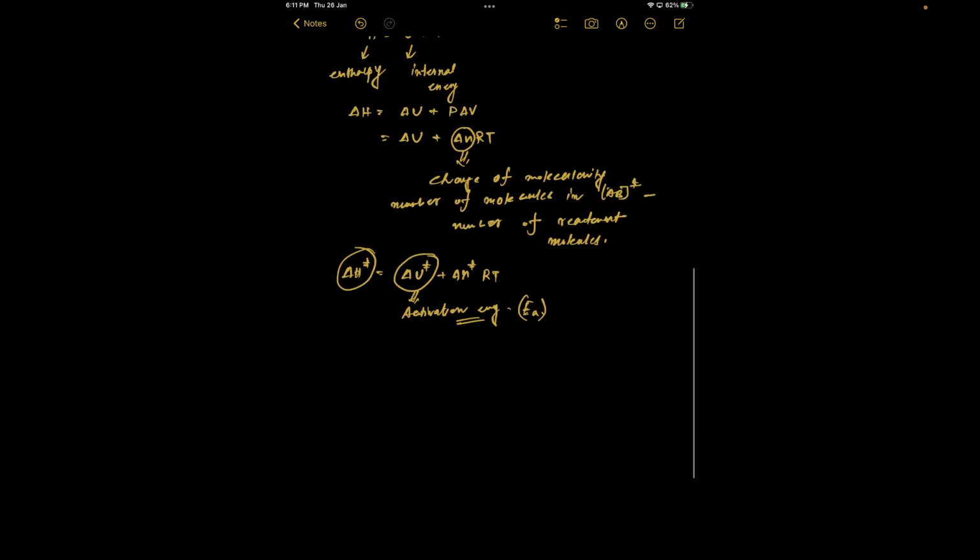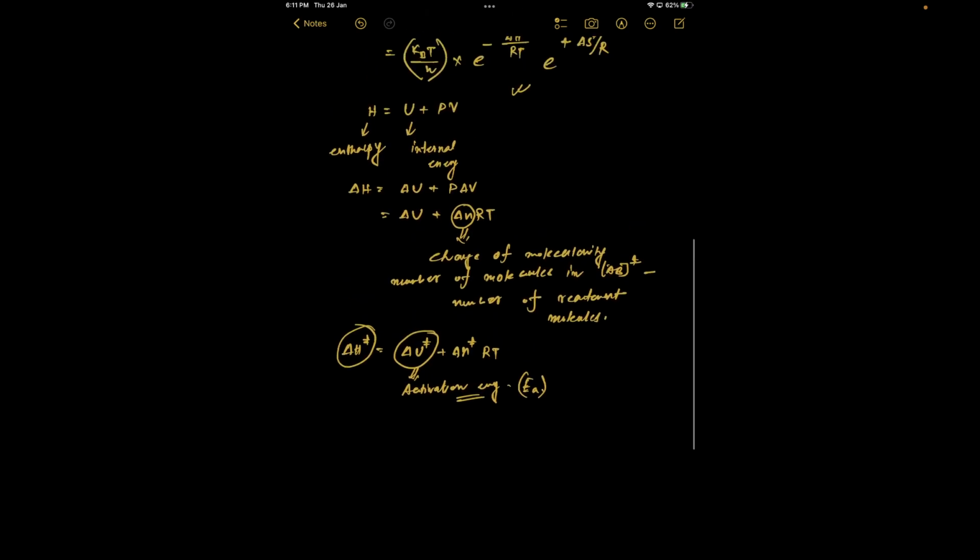So basically, delta H double dagger equals delta U double dagger plus delta n double dagger RT.